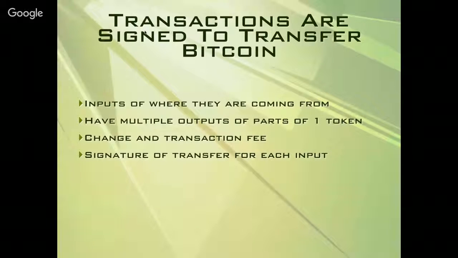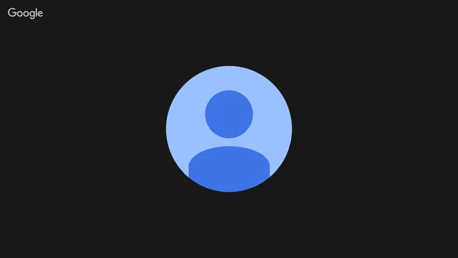You can also take and move these tokens, or parts of a token, to different places. Like if I own 1.1, I send some to Dave, 0.3 to Morpheus, and the remainder, 0.7, back to me. I have outputs.